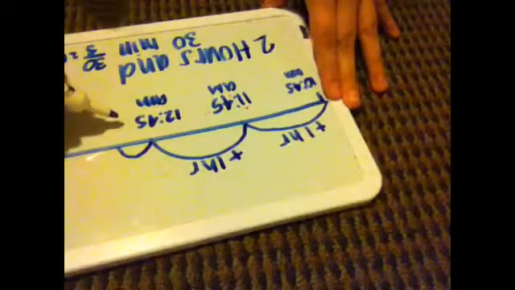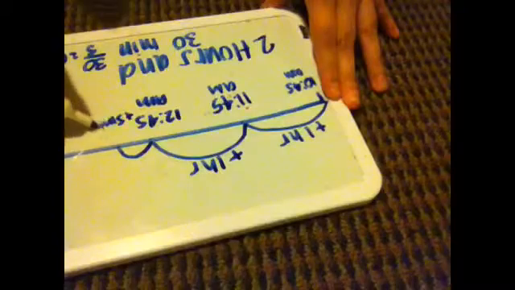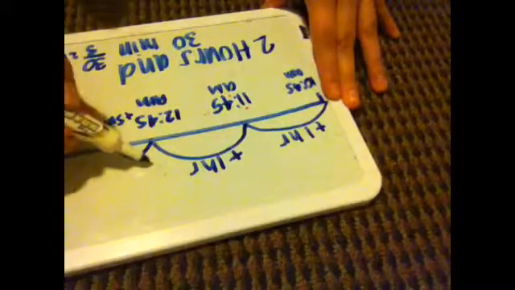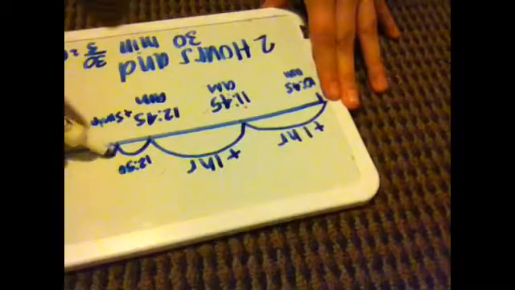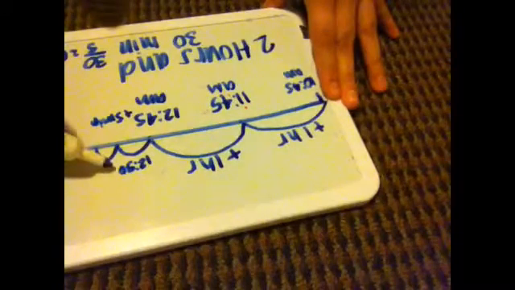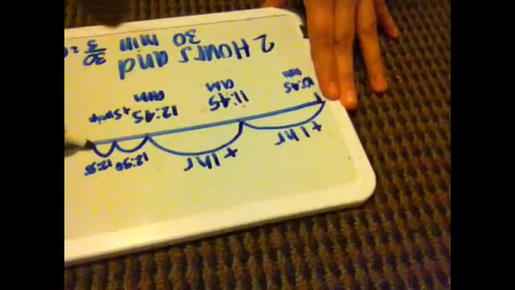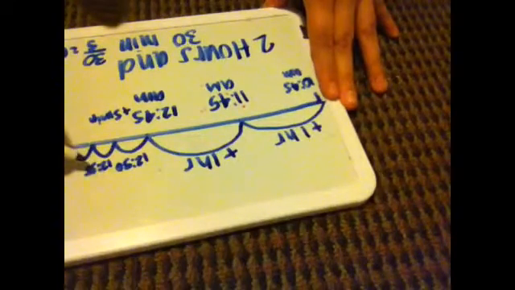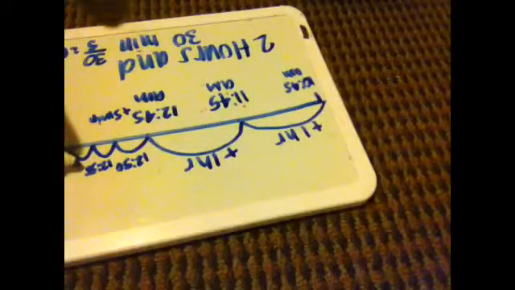So 12:45 plus 5 minutes, 45 plus 5 minutes, and that gives us 12:50. Jump another time. That gives us 12:55. Jump another time. 12:55, and since we only have 60 minutes in an hour, this is going to go to 1 o'clock.